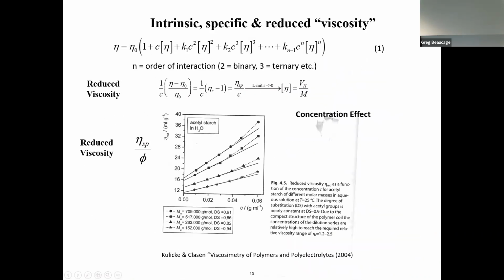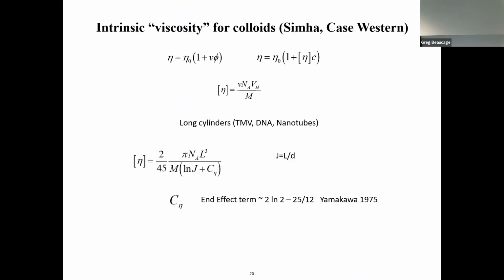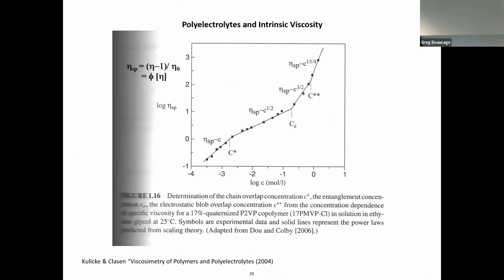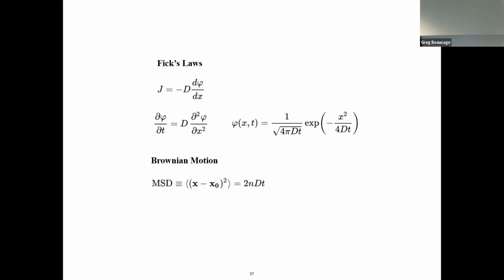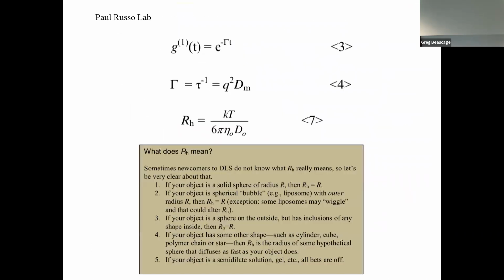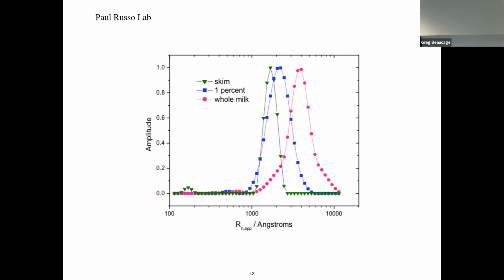Right, so depending on how much solvent is stuck in the thing, that's why he says here that all bets are off for an object of some other shape. So basically, you kind of have to make some assumptions and say what RH means.